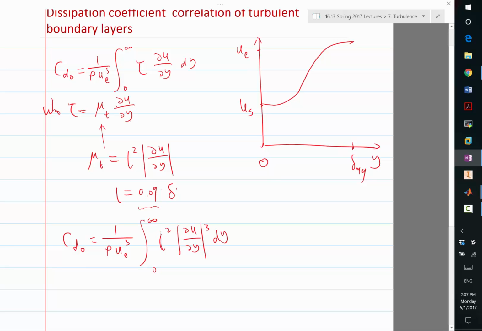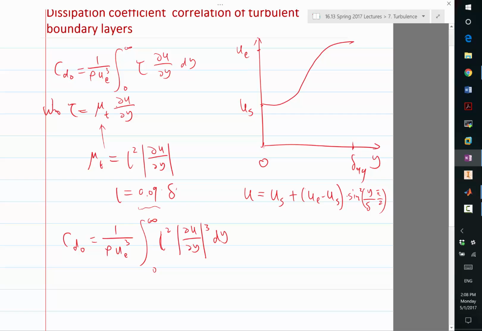And then by plugging in the fact that this u is the outer layer u, so it's already subtracted by the inner layer. So this u is actually equal to Us plus Ue minus Us, so that's the correction, times sine squared of y divided by delta times half pi.